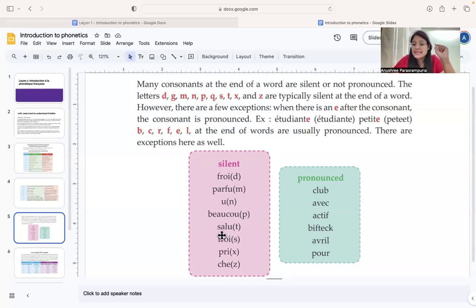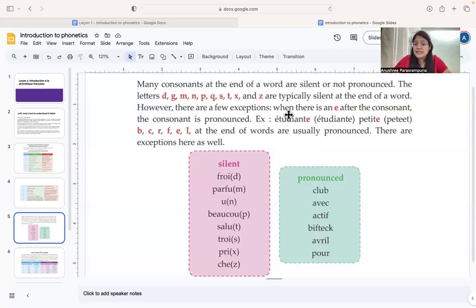Salut, T silent. Trois, S silent. Prix. We're not saying prix with the X, no. Chez. Z silent. Not chaise, no, chez.